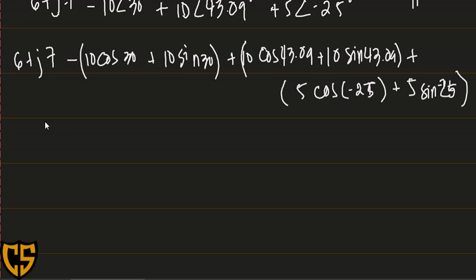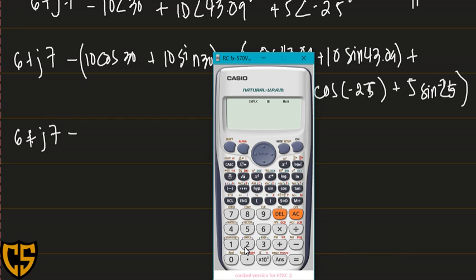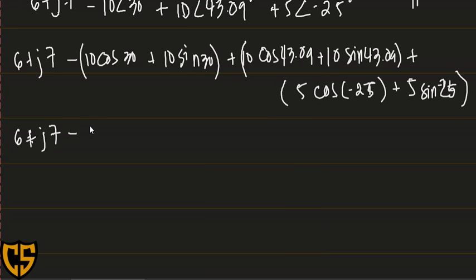So we have first 6 plus j7 minus 10 cosine 30. So 10 cosine 30 is equal to 5 square root of 3, which is 8.66. So we have 8.66.